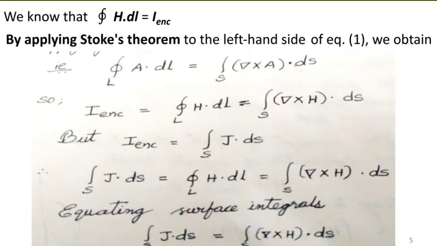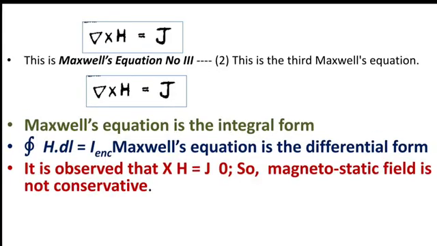If we equate the surface integrals, we get integral over S of J dot ds is equal to integral over S of del cross H dot ds. Now if we remove the integrals, we conclude that del cross H is equal to J.